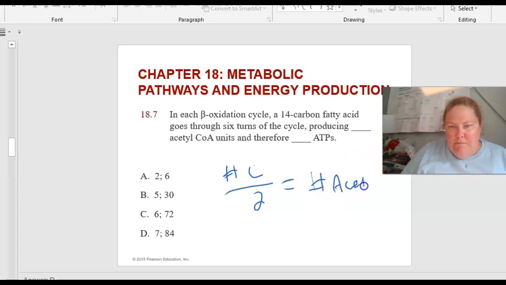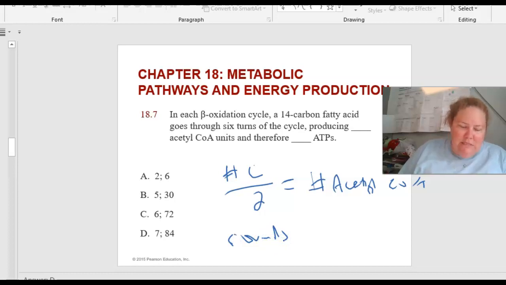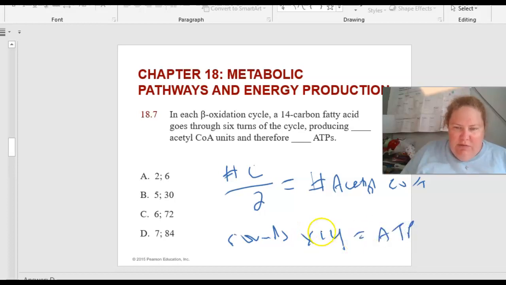And then the number of rounds times 14 is going to be the ATP, and that's going to get you a rough estimate.